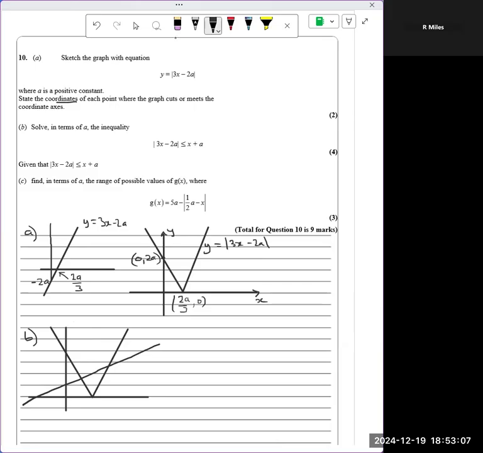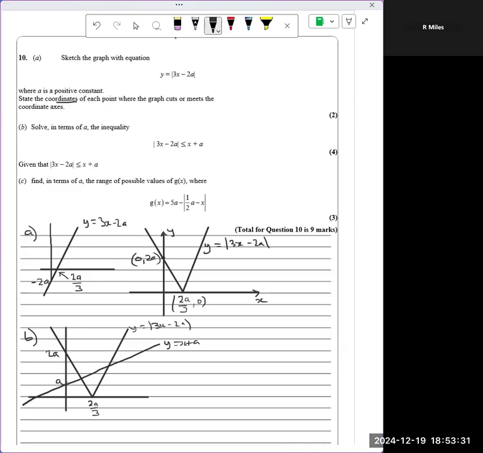So this was 2a. This is now a here. This is 2a over 3. And this is the graph y equals x plus a. And this was y equals mod 3x minus 2a.